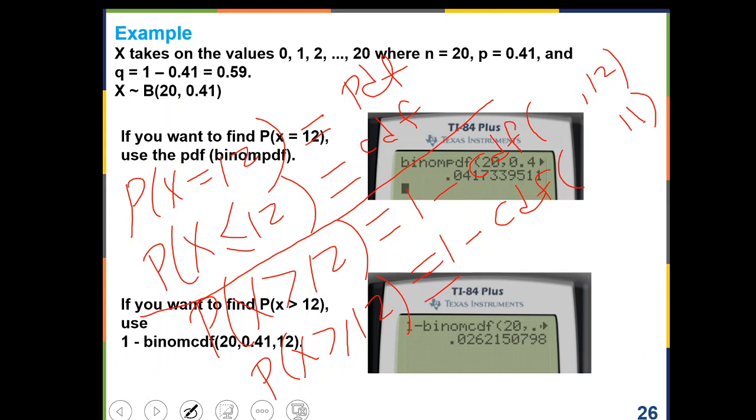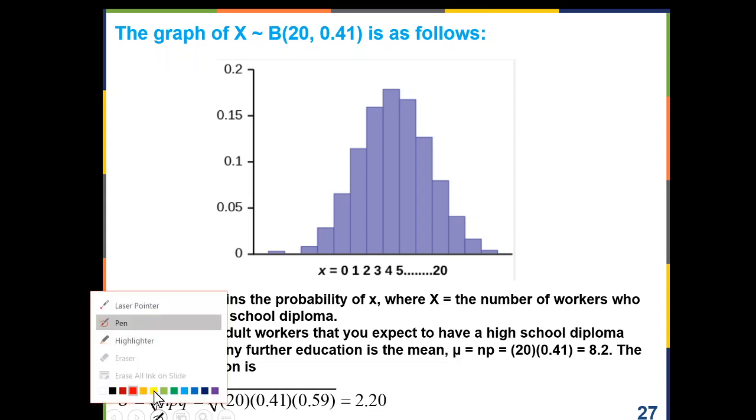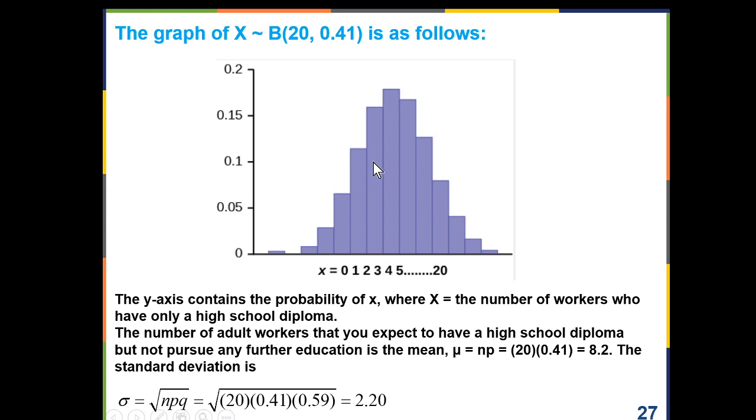So now if you graph the probability distribution, you get a histogram, right? So obviously you get a histogram, and the histogram is going to look like this, and it's going to have a mean, and it's going to have a standard deviation.